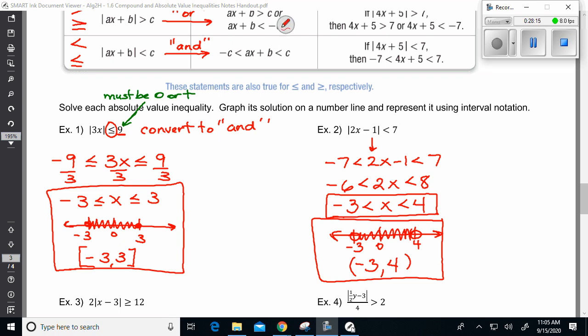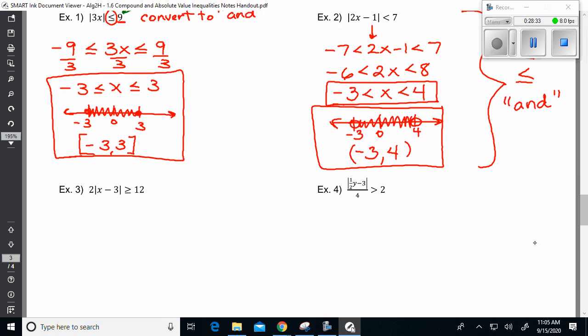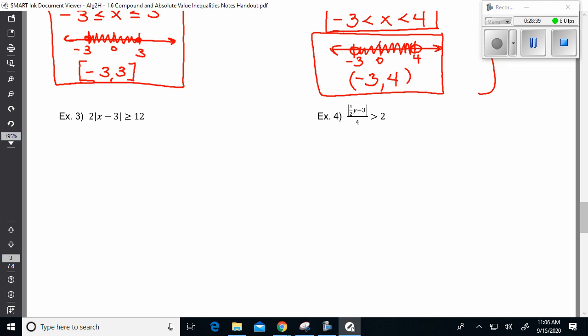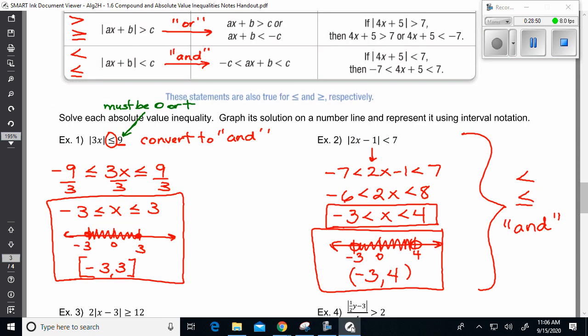Alright, so examples 1 and 2, those involve less than and less than or equal to, which are conversions to and inequalities. So examples 3 and 4 are conversions to or inequalities. Let's see that message there. Why did we use or inequality for number 2? So we don't use an or inequality because of the sign that it started with.